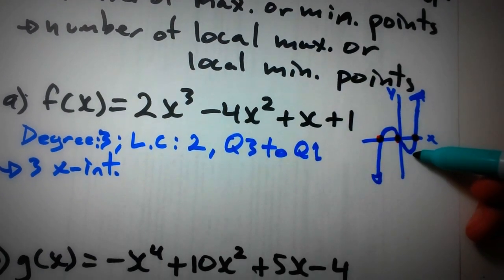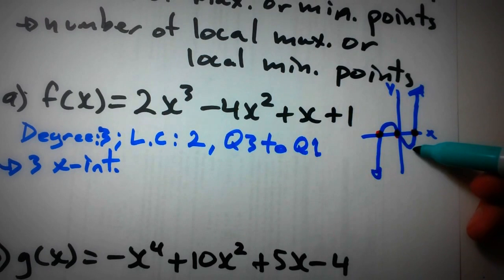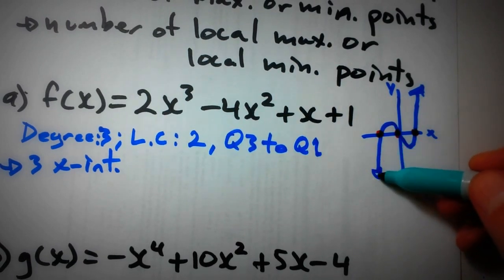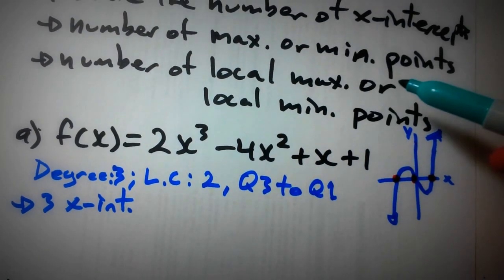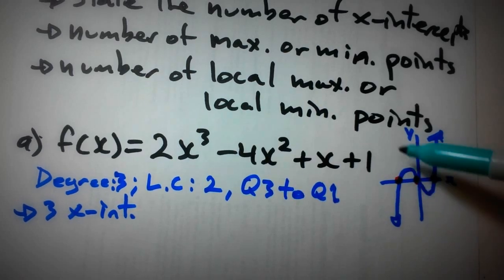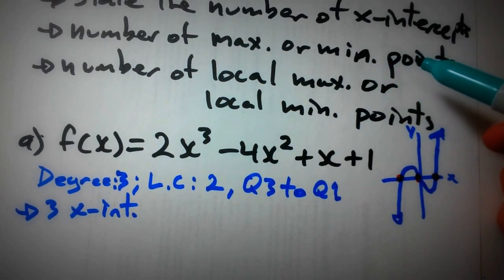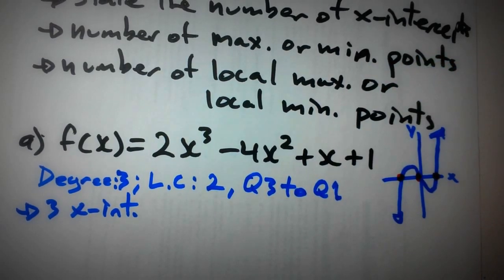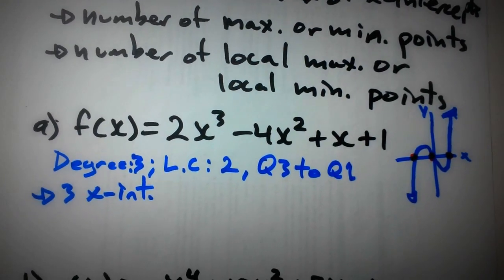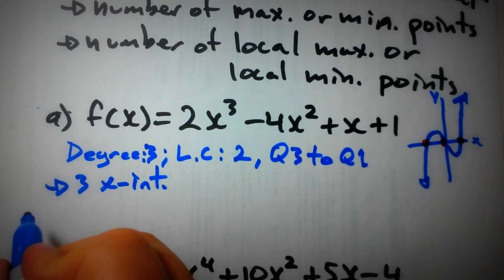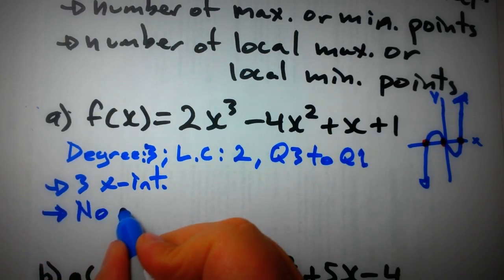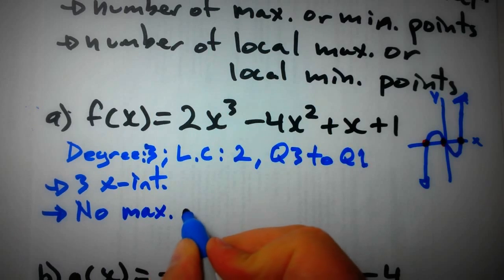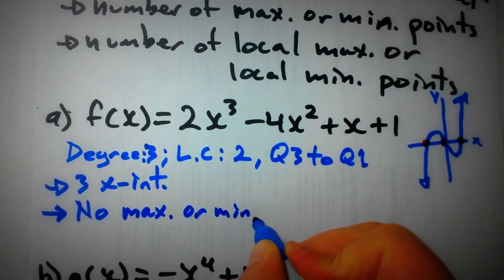And if you look at this point, this is a minimum point, but is it the lowest? Is it the absolute minimum point? No, because this keeps on extending to infinity. So there's no absolute minimum point. So the answer for this type of function, how many maximum or minimum points, we can say that there are no absolute maximum or minimum points.